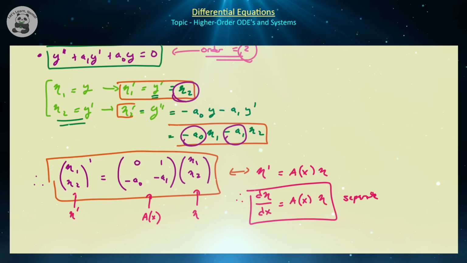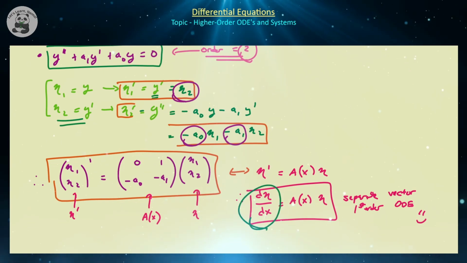But keep in mind, eta is not a variable in this case. Eta is a vector. So it's a separable vector ordinary differential equation, right? So keep in mind, it's not just a separable vector ordinary differential equation, but it's a separable first order ordinary differential equation, because there's only one derivative hanging out here, and that's d eta/dx.